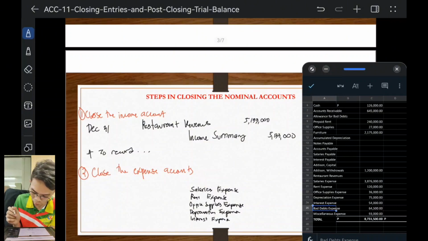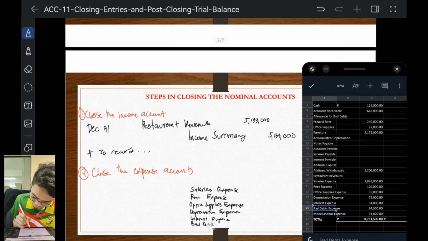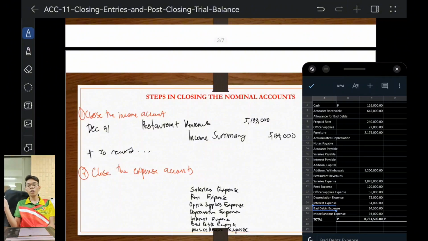And then bad debts expense, and then the miscellaneous expense. Okay? So, again, how do we close them?